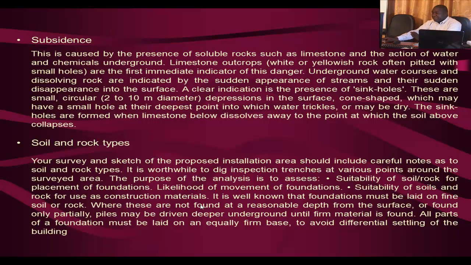A clear indication of subsidence is the presence of sinkholes. These are usually small circular depressions, 2 to 10 meters in diameter, in the surface, which may have a small hole at their deepest point from which water trickles, or may be dry. Sinkholes are formed when limestone dissolves away to the point at which the soil above collapses.